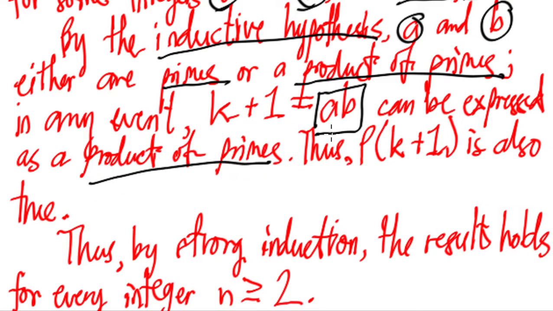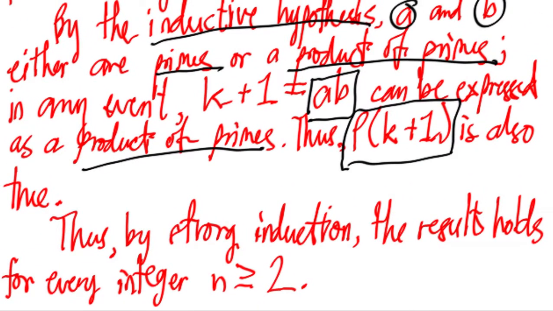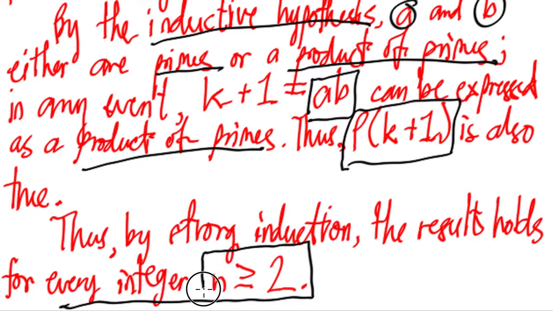Thus P of k plus 1 is also true. And by the strong version of induction, the result holds for every integer n greater than or equal to 2: all of them can be expressed as a prime or a product of primes. So that's the first part of our proof, everybody.